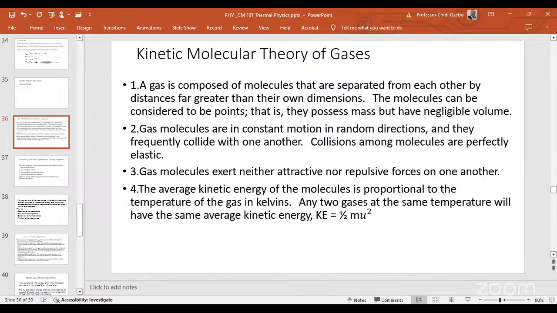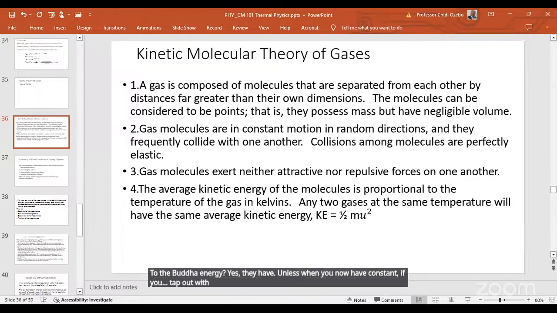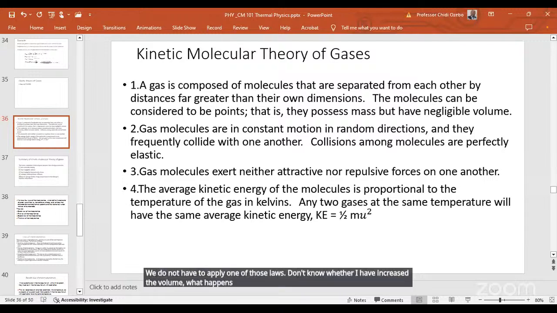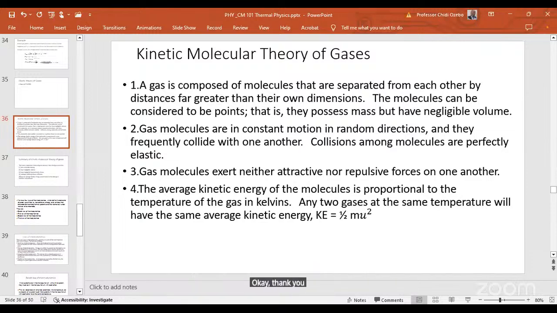What will remove their energy? Yes, they have, unless you tamper with their volume, then we have to apply one of those laws to know what happens to the temperature and the pressure if you increase the volume. Okay, thank you, sir. I understand.